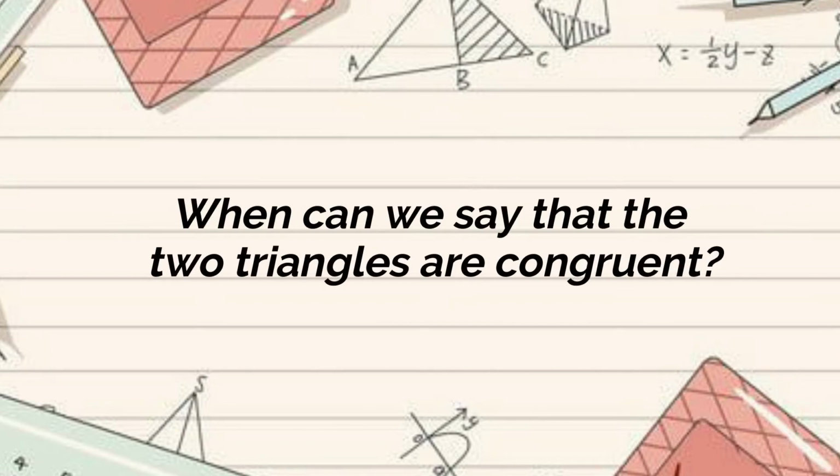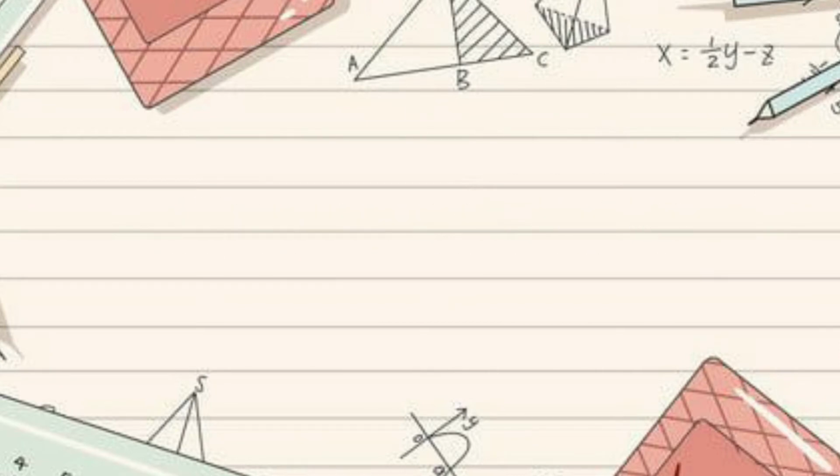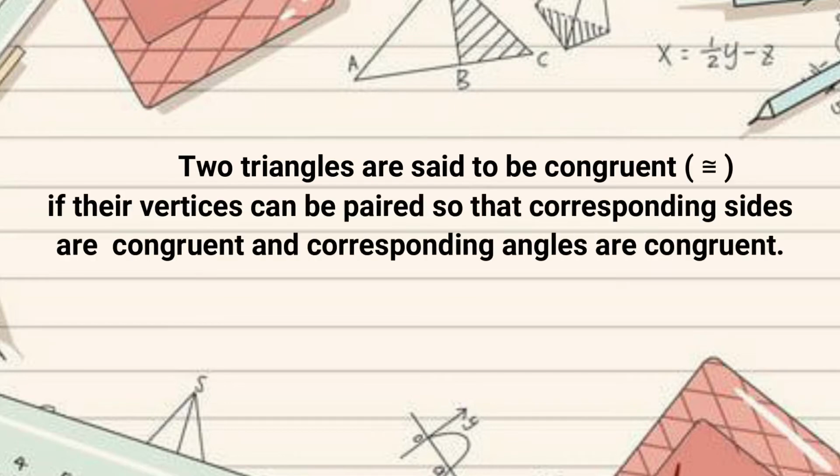When can we say that two triangles are congruent? Triangles are said to be congruent if their vertices can be paired so that corresponding sides are congruent and corresponding angles are congruent.